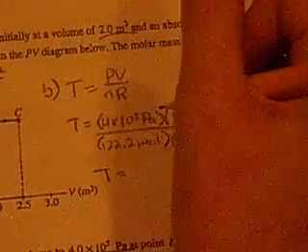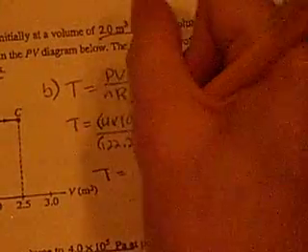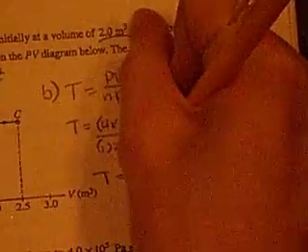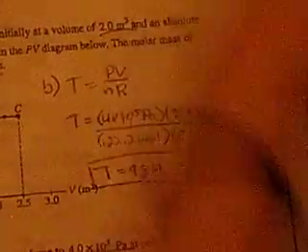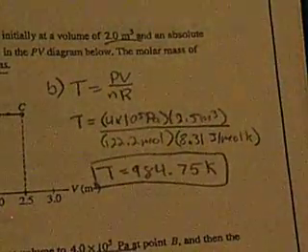And once you plug that into your calculator, you should get 984.75 Kelvin. Okay? Easy as that.